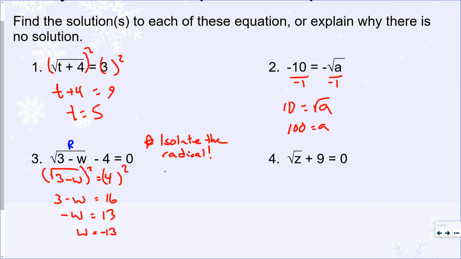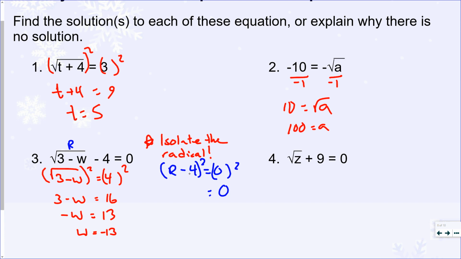I'm going to rewrite this equation, but instead I'm going to have r here. So I'm going to have r minus 4 equals 0. Okay? Now I'm going to square both sides. Yeah, I'm going to get a 0 over here, but what's this?